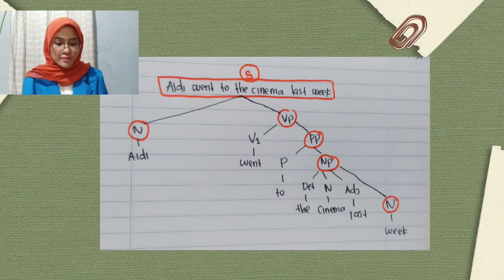So below, the noun is Aldi and the verb phrase: went is verb 1, and the prepositional phrase is to for preposition, and the noun phrase: the is a determiner, cinema is a noun, last is an adjective, and week is a noun.